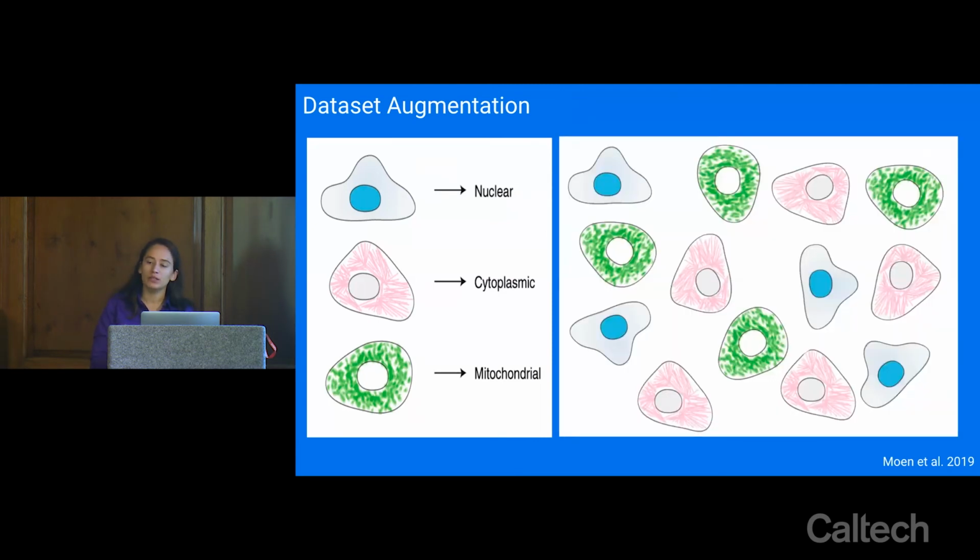If I give you this image, let's say we're doing fluorescence microscopy, how many cells are in this image? The image on the right.